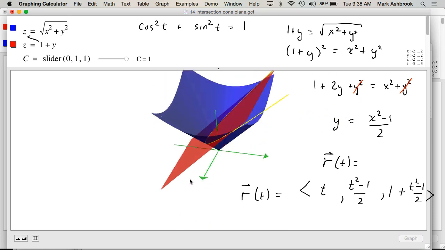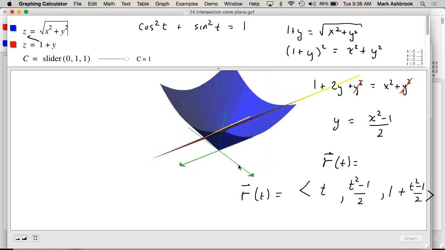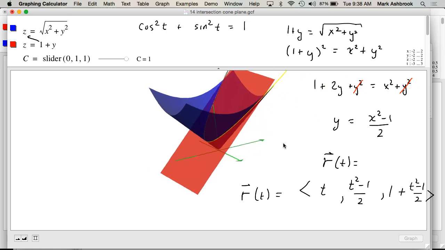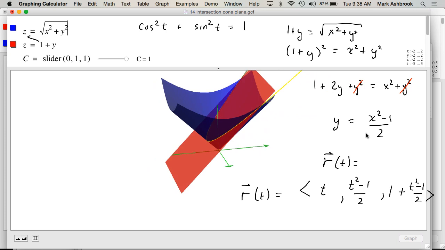Okay. Did I lose you? When we were at this step right here, that potentially could have been a circle, but when we chased it out, the y squareds went away, and that became in the xy plane a parabola.